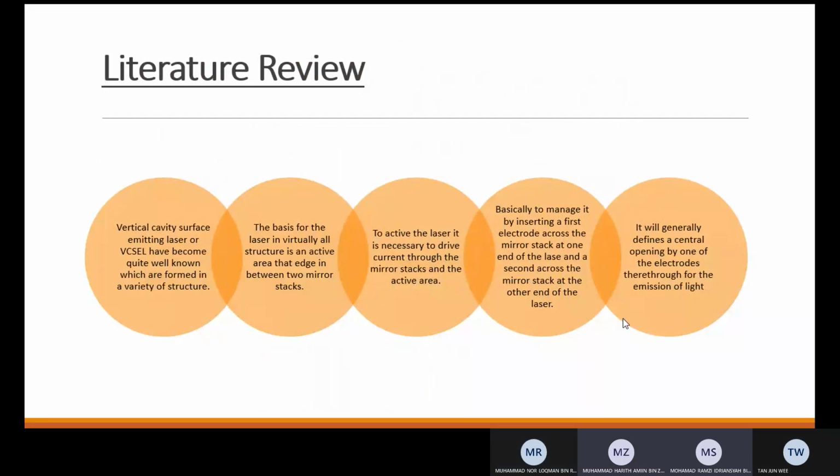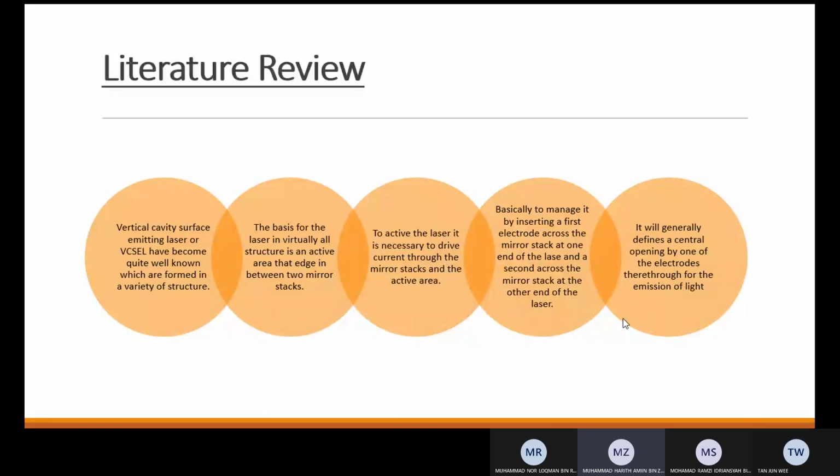Next, the literature review. First, the vertical cavity surface emitting laser, or VCSEL, has become quite well known, and is formed in a variety of structures. The basis for the laser in virtually all structures is an active area in between two stacked mirrors. To activate the laser, it is necessary to drive current through the mirror stacks and the active area.